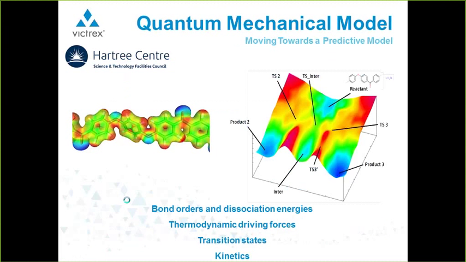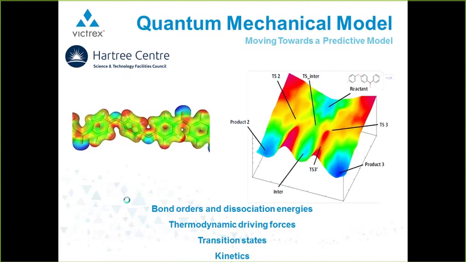One other mention, I just wanted to show how at Victrex we're going a very large step further in evaluating degradation mechanisms to help us understand how our polymers perform in aggressive environments. We've been working with the Hartree Centre in the UK on creating a quantum mechanical model which uses a thermodynamic approach to predicting the reactions of PEEK polymer with various reactants.